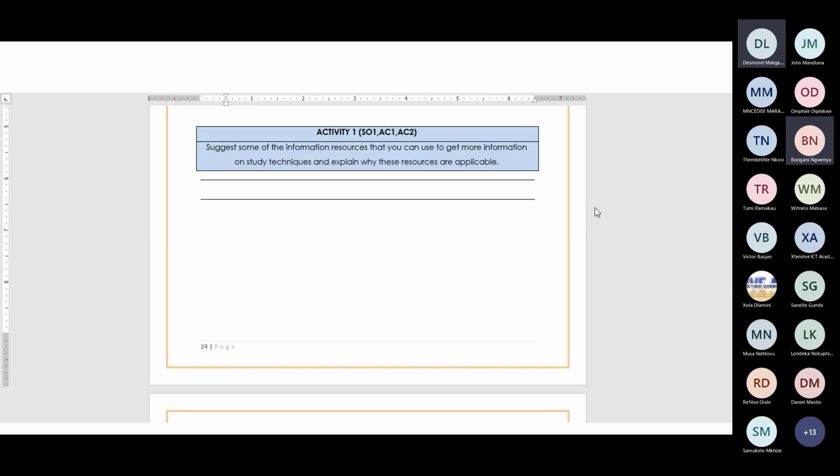Could it be news, newspapers, magazines? News. I heard something about Google. You said Google who? Google Scholar. Google Scholar. What is that now? We learn every day.